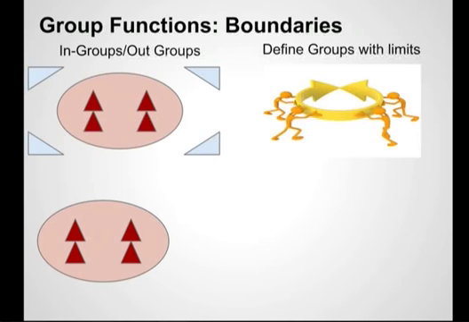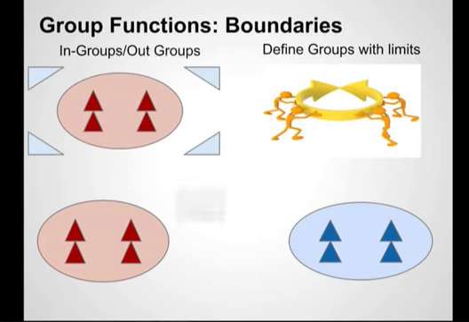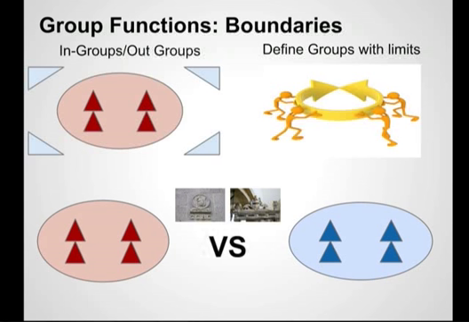Now, when looking at groups from a more macro level, a larger level, you can see that groups will tend to separate themselves by symbols, or in this case maybe crests of family trees and so forth. These groups also tend to see outsiders as competition.